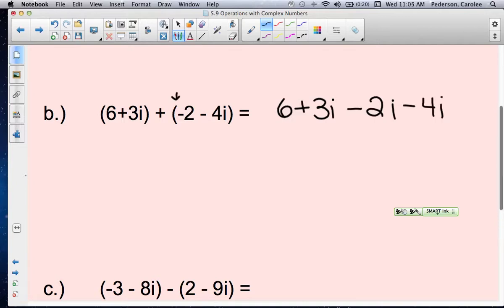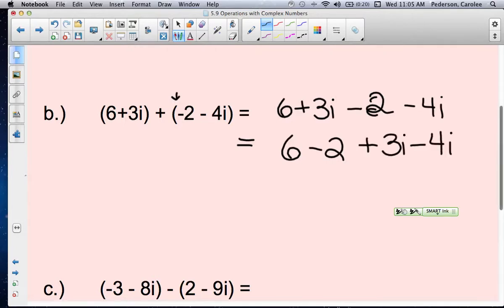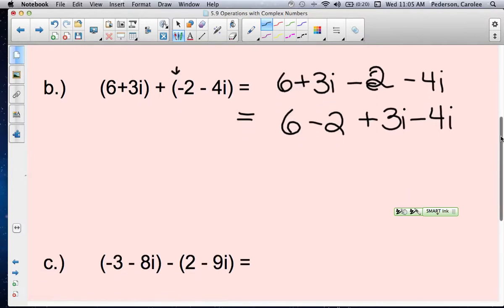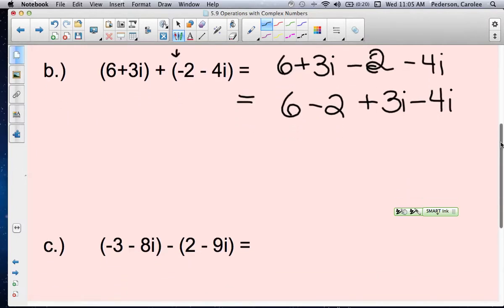And now I combine like terms. 6 minus 2 are like terms. And then 3i minus 4i. So 6 minus 2 is 4, and then 3i minus 4i is negative 1i.